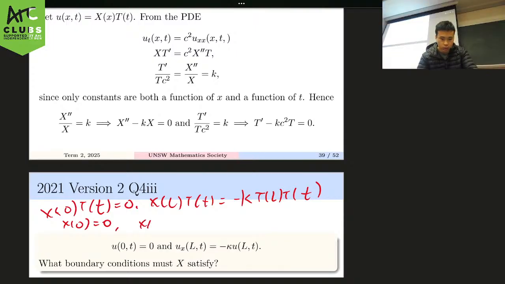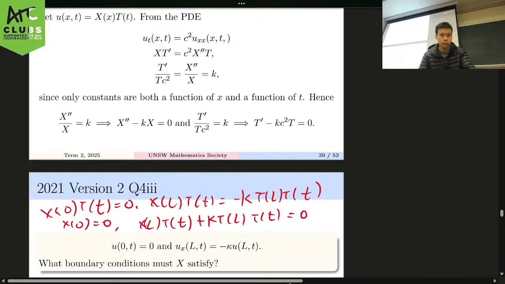This thing here, we can move to the other side. Then from here, notice how there's a T of t in both of them, but once again, assume that it's not the trivial solution to make it less boring. So we're essentially saying X of L plus k of T of L. No, let's not mess that up. That's meant to be an X. Okay.